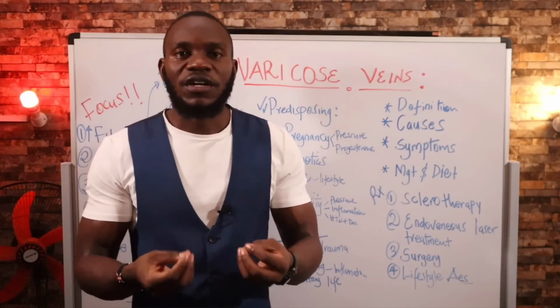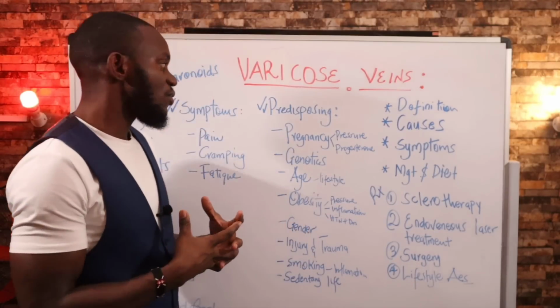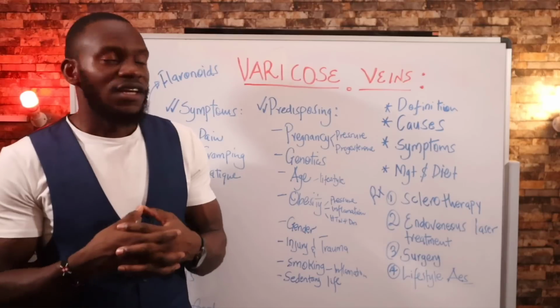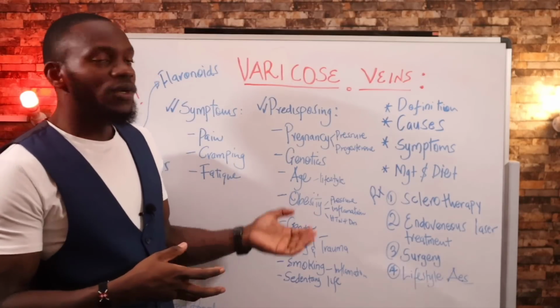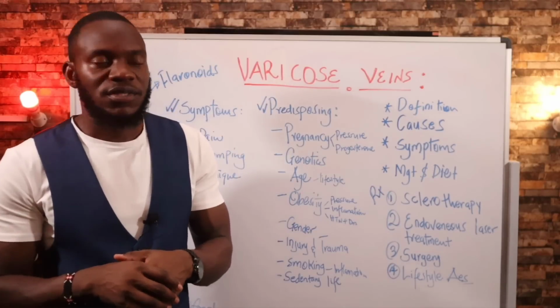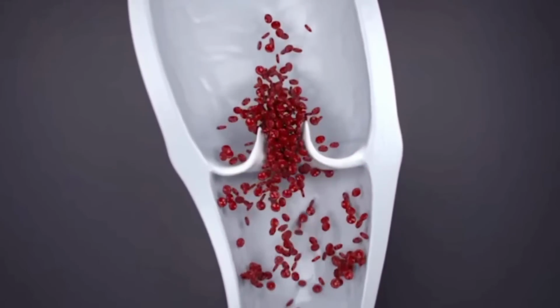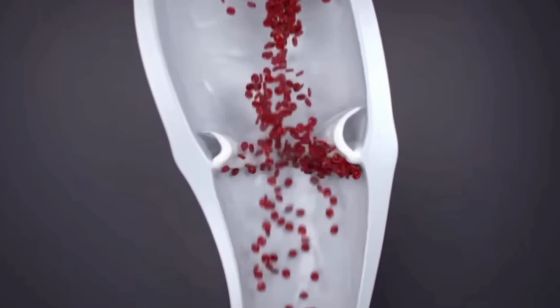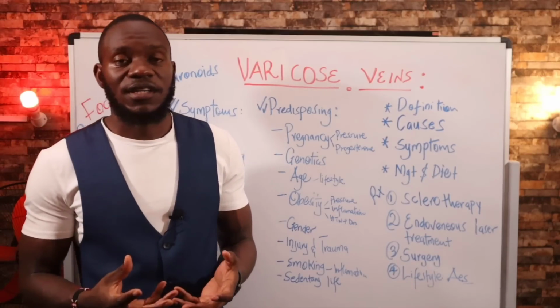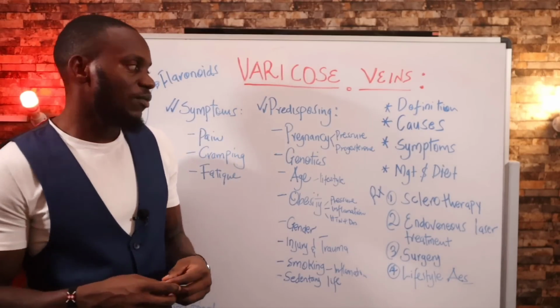Once you weaken those valves and the walls of the veins, you make it hard for blood to travel from the veins towards the heart. So blood flows back and causes venous pooling. There's a lot of blood pooling in your extremities. That's exactly what happens for them to start bulging and causing that pain.